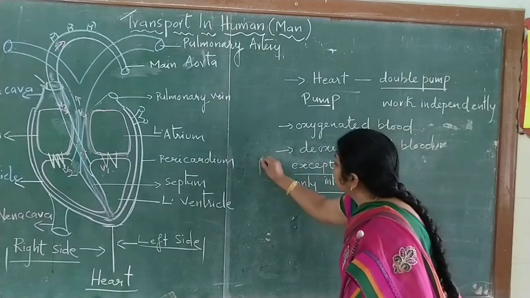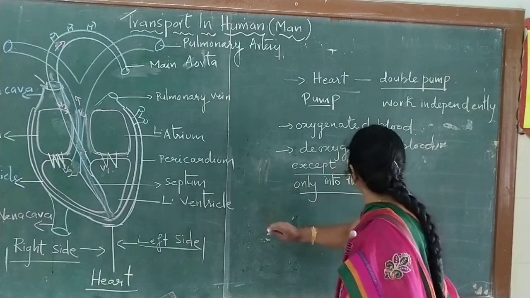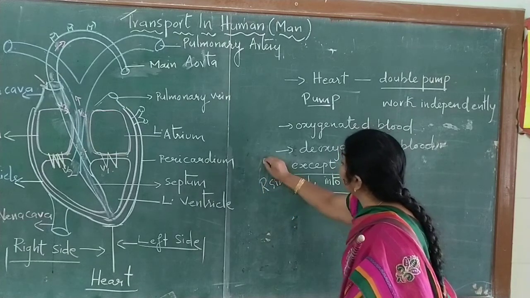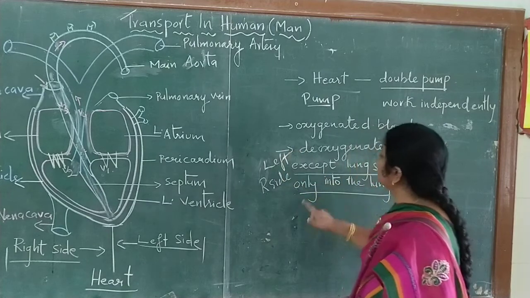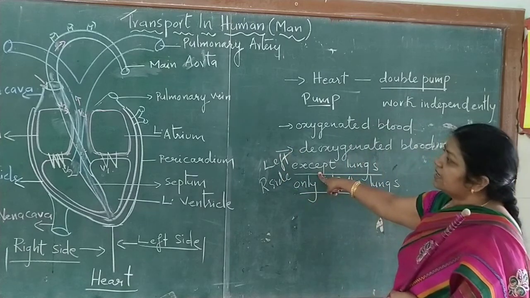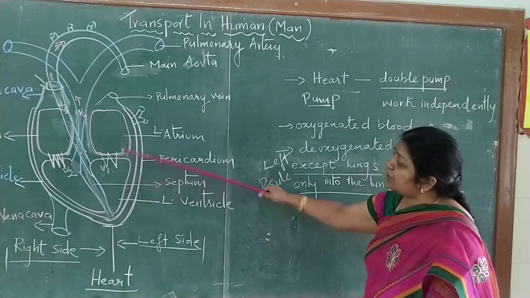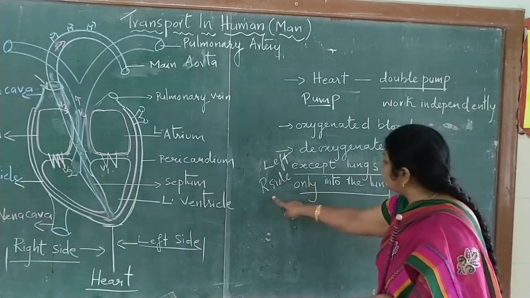Here you can see the right side and the left side. Except lungs means only the left side distributes the pure blood, and the right side only collects the blood and pours it into the lungs.